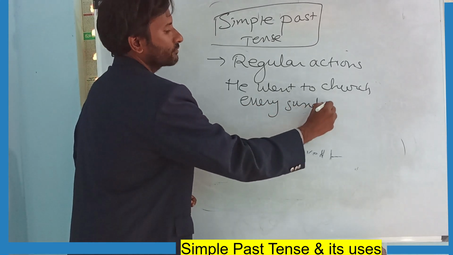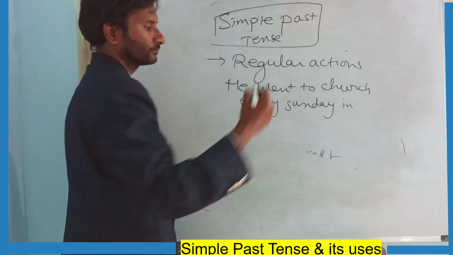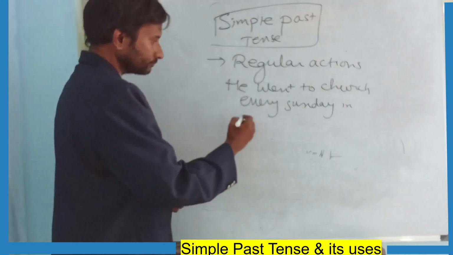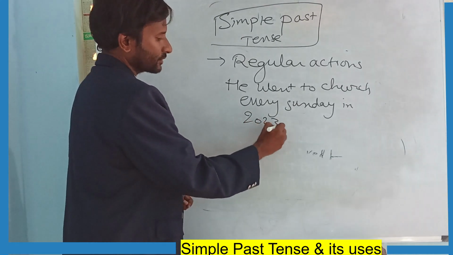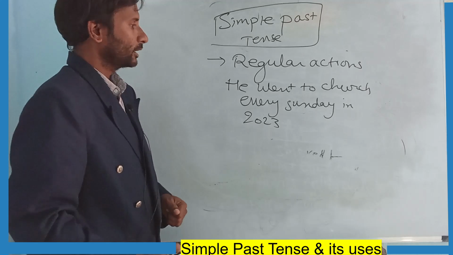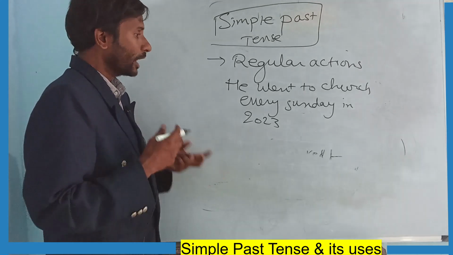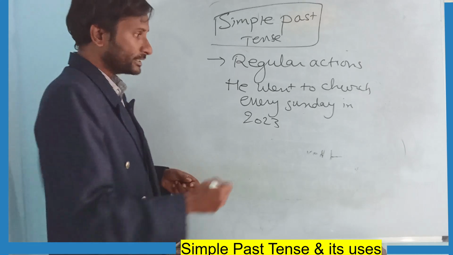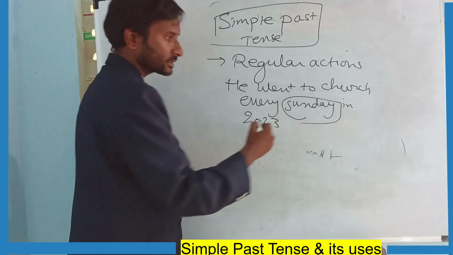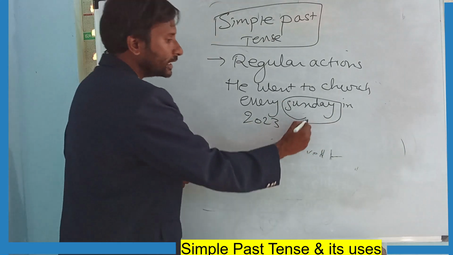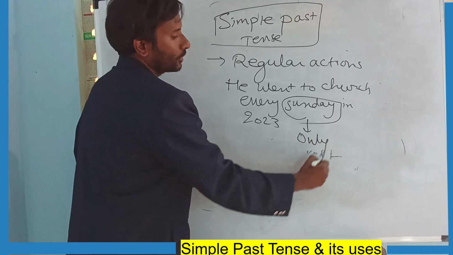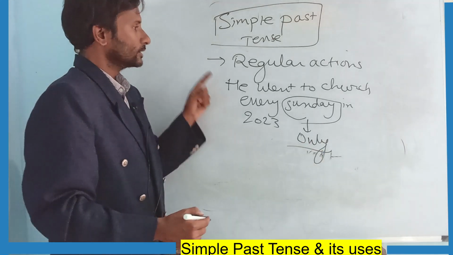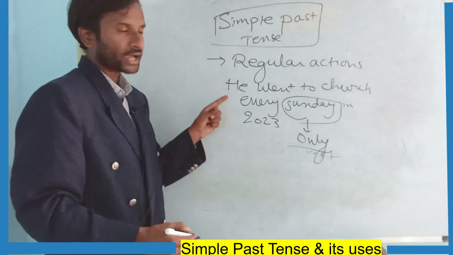He went to church every Sunday in like 2023. Okay, he must not be going now, but in 2023 he went to church every Sunday. So it's not an everyday action, but an action that happens only on Sunday. So this is called a regular action.